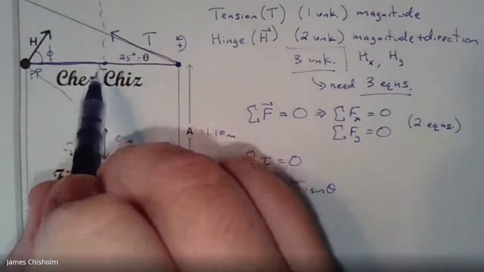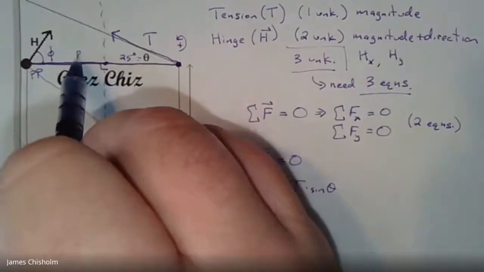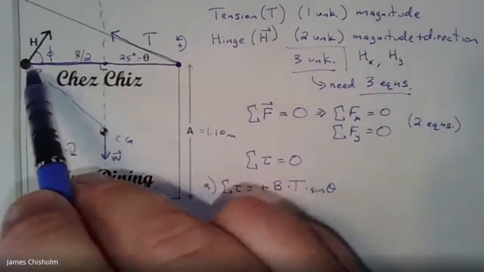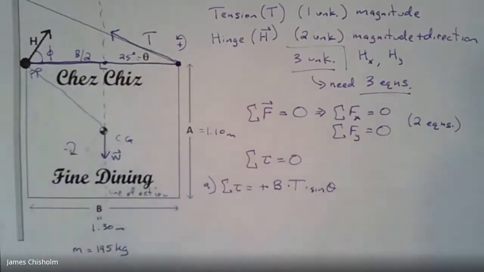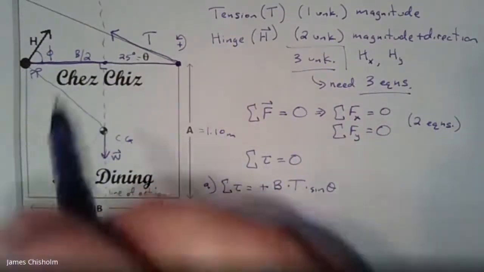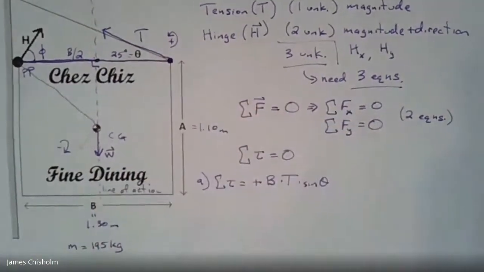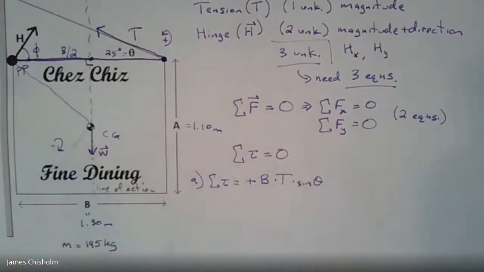And notice that distance is much, much easier to find because it's located halfway. This distance is just b over 2. And so rather than go through all of the rigmarole of finding this length and this angle, which we could, and it would work, we can also just say it's going to be r perpendicular multiplied by the weight. So let's do that. We know it's negative because it's acting in a clockwise direction.